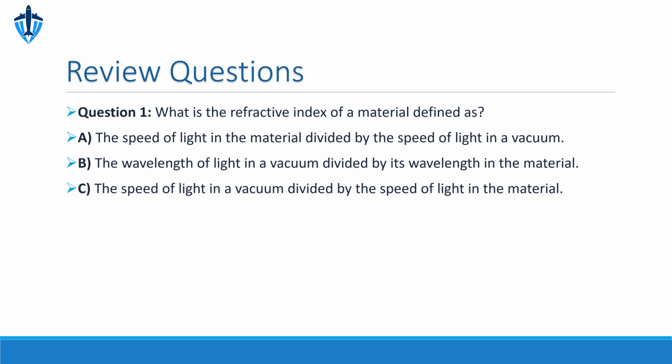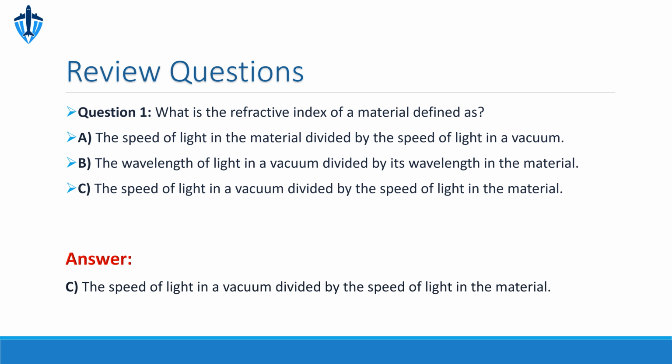The correct answer is C, the speed of light in a vacuum divided by the speed of light in the material. As we mentioned, the refractive index, denoted as N, is a measure of how much light slows down when passing through a material.